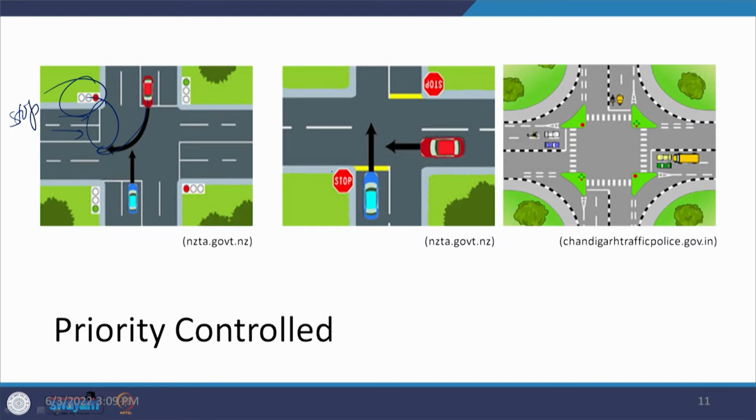Say if you look here, there is no signal, but a road sign is provided which says stop, and then there is a vehicle which is going straight like this. But one thing you could have observed is that in the previous diagram, in all 4 approaches from where the traffic is coming into an intersection, there is a stop line, but in this case there is a stop line only on 2 sides, and the other 2 sides do not have any stop line.